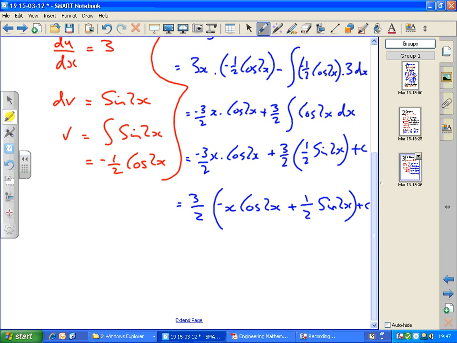You don't have to factorise, you could leave it as it is there. If you are going to factorise, though, it's not a good idea to start off with a negative term because you could easily miss that negative sign.